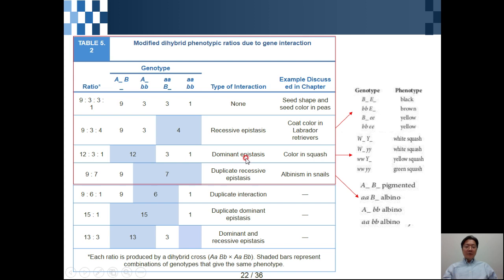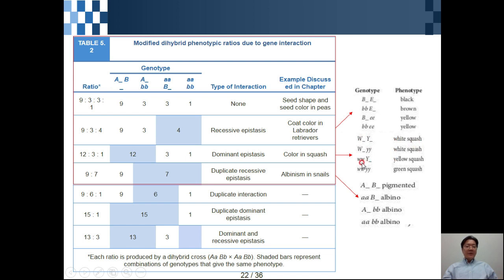How about the dominant epistasis? We can see the color in this cross. So if they have a large W, it is epistatic dominant to large Y or small yy. In these cases, they will have white scotches.